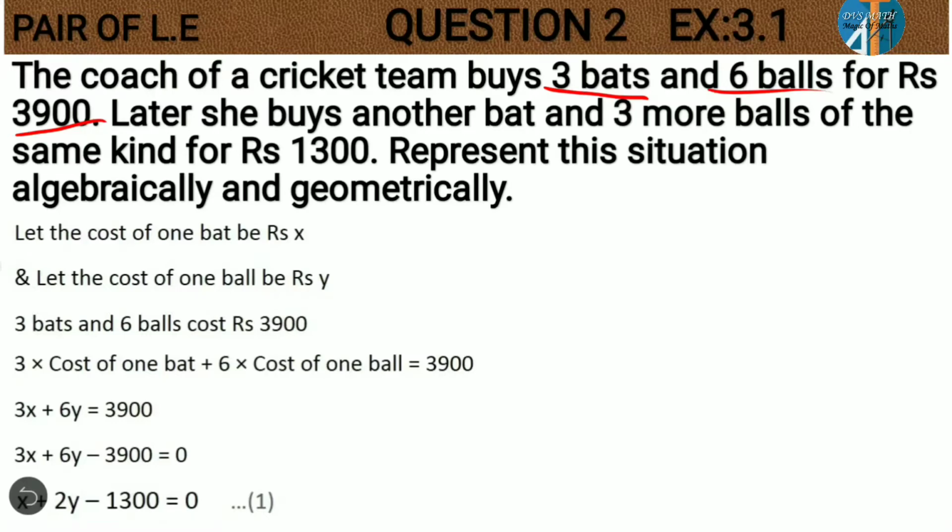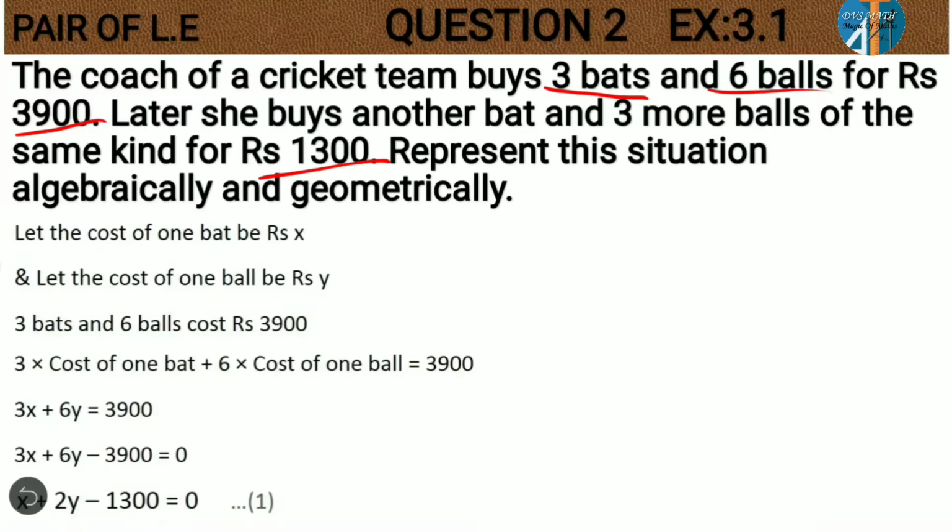Together, if you add them, because they are saying together cost, it is 3900. In the same case, another bat, a single bat, that means 1x, or generally x, and 3 more balls, so 3y, because we are considering y as balls. Together they cost 1300.